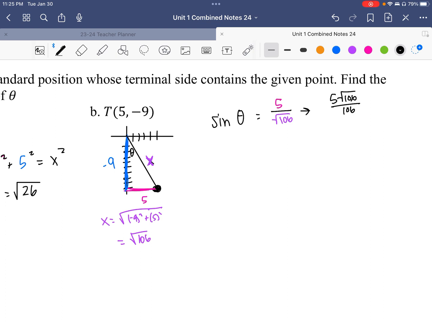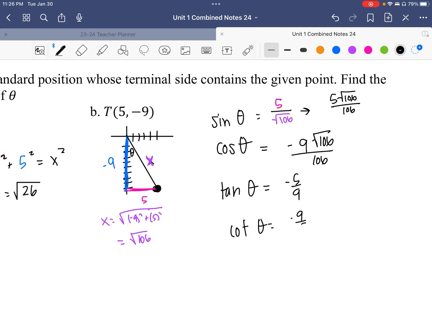Okay, I will list all of the answers out for you, but I'm not really going to talk through how I got any of the others. The answer for cosine should be -9 square roots of 106 over 106. I think that is technically reducible. I think those are both divisible by 3, but I could be wrong. And then tangent ends up being -5/9.